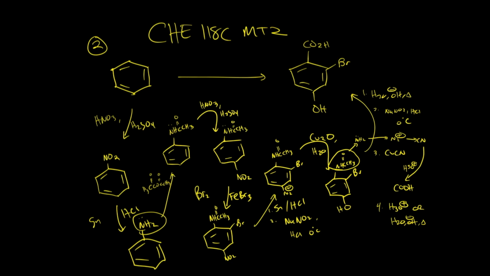But I'm going to stick with H3O plus for this problem because I want my carboxylic acid to not get deprotonated. And I think if I was in a basic medium, then I might lose that proton. So this will take you all the way to our final answer. Okay. All right, guys. Thanks for tuning in, and we'll see you next time.